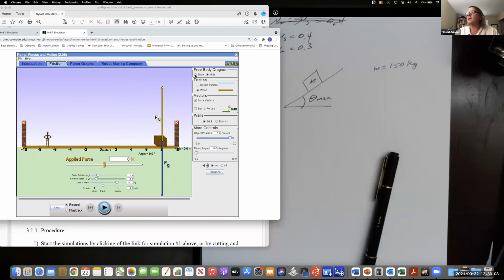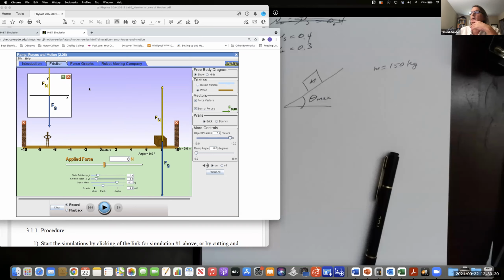Now, we're also going to look at our free body diagram, and our sum of forces. Now, this doesn't have a bunch of graphs on it. We can go to force graphs, but the force graph doesn't let us independently change these.